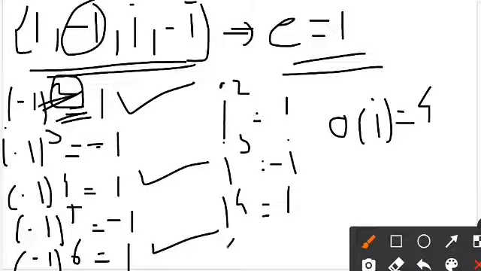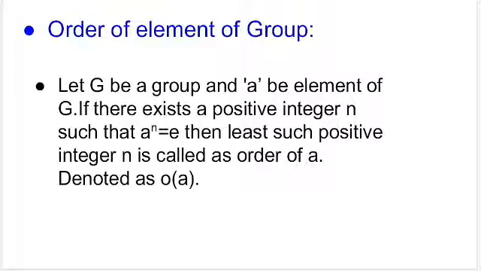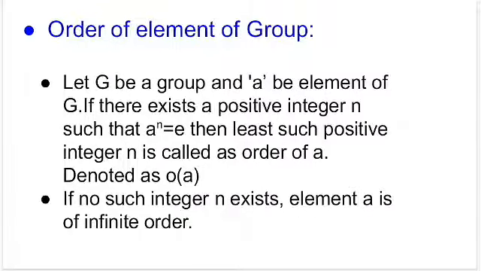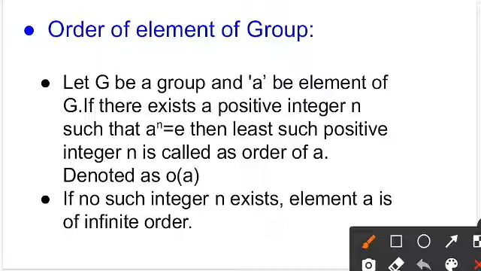Also, order of -i is 2. Clear? Next. If no such integer n exists, then element A is of infinite order.